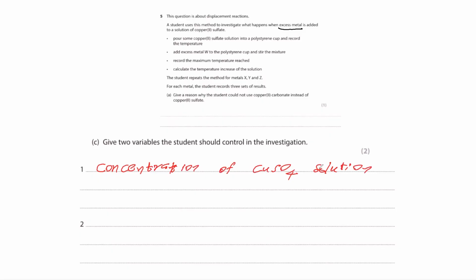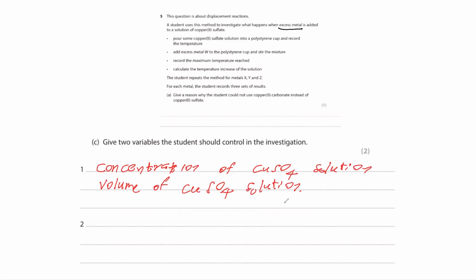Then we can say the volume of copper sulfate, because they didn't say excess copper sulfate, right? It's only 2 marks, so we will only write 2 points. What are the other things? We are adding metals, no? So we can say the surface area of the metal. Even though you add different masses, if you're adding a powder of one metal, the other metal should also be a powder, because you can't have one be a cube of metal and the other a powder.